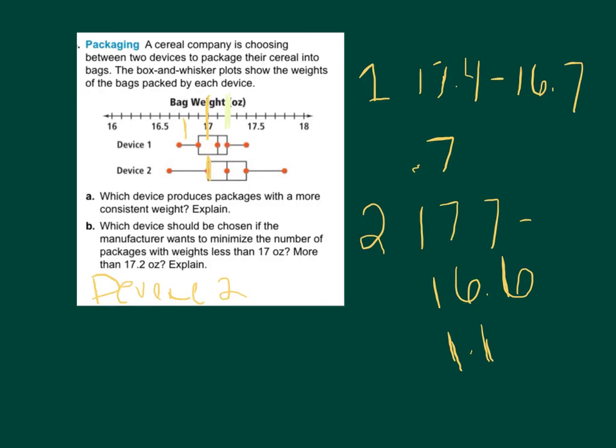Okay, if we look at device 2, we follow that down, and it has over 50% greater than 17.2 ounces. Okay, so we would pick device 1. Okay, device 1 has fewer numbers more than 17.2 ounces, because it only has 25% of its packaging greater than 17.2 ounces, where device 2 has over 50%.